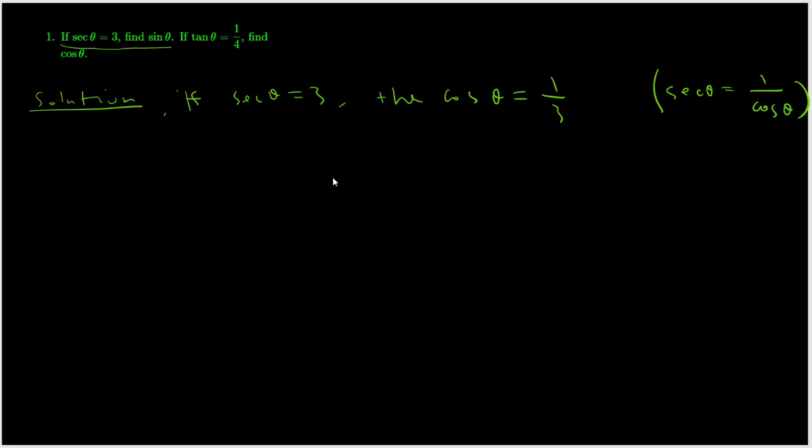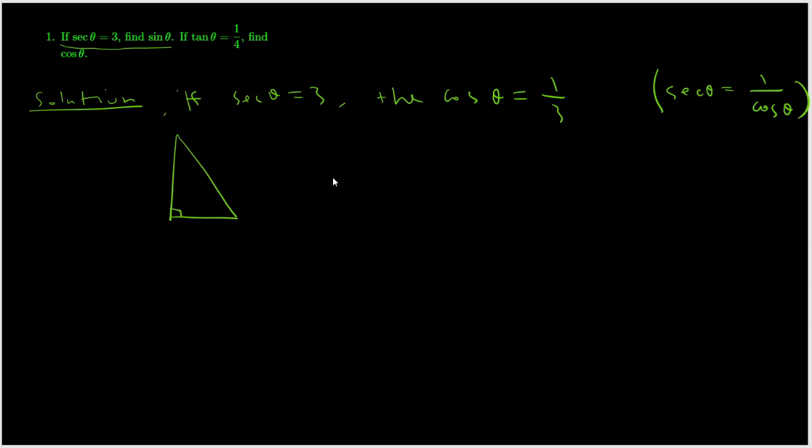At this point, you can form a triangle. If cos of theta is 1/3, you make a triangle, something like this. Cos of theta is adjacent over hypotenuse, right? I was trying to make this a right triangle.